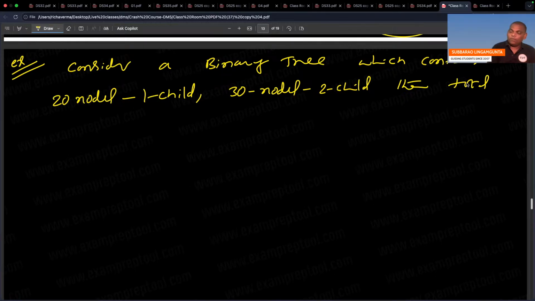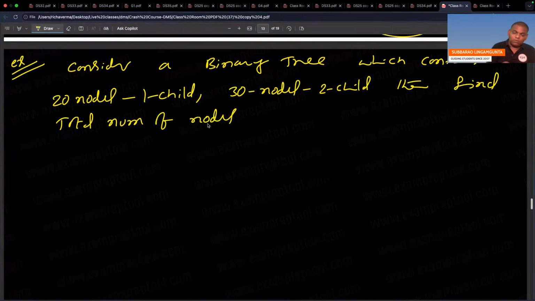Then find the total number of nodes and leaf nodes also.